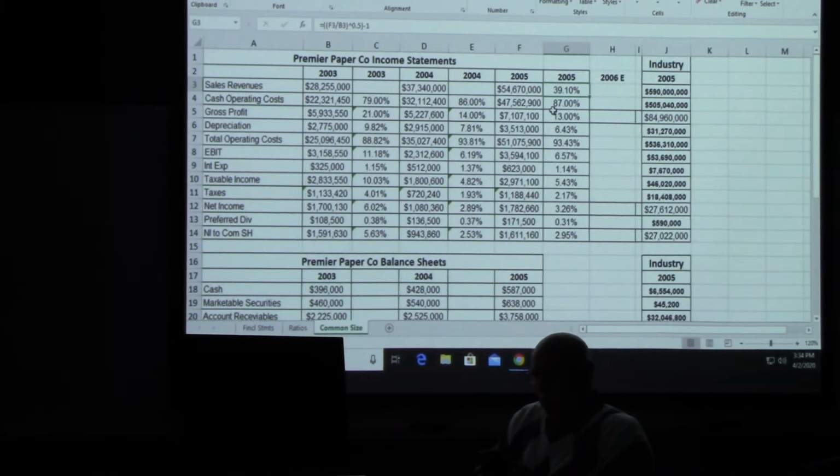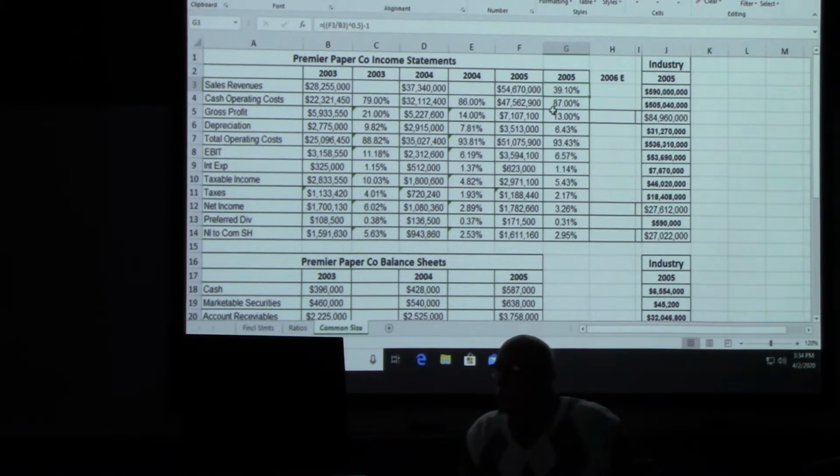Let's take 28,255 times 1.391 equals, times 1.391 equals, and yes, so that works out fine, 54,670, that's right. So the compound average growth rate is 39% over the last 2 years, okay?